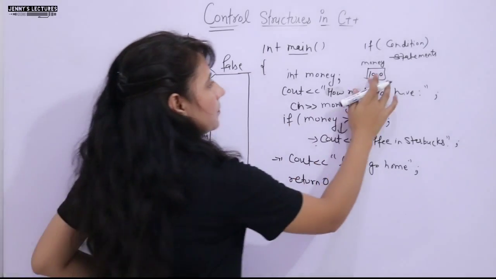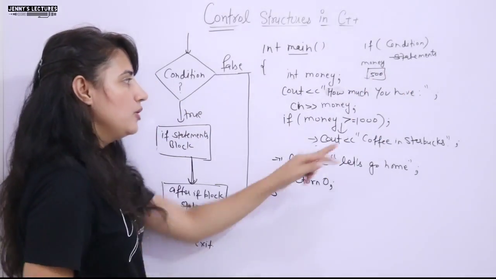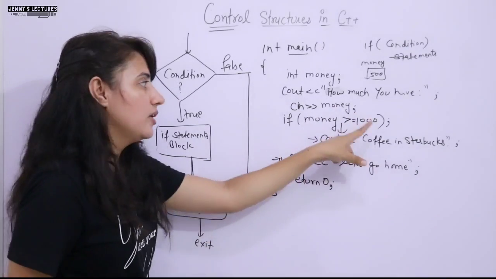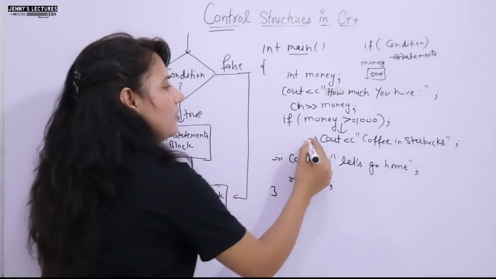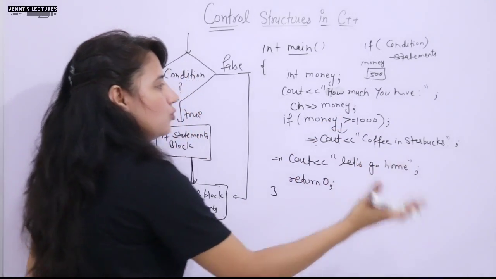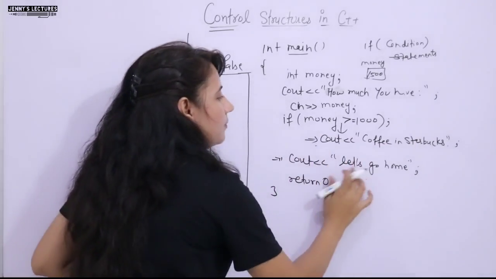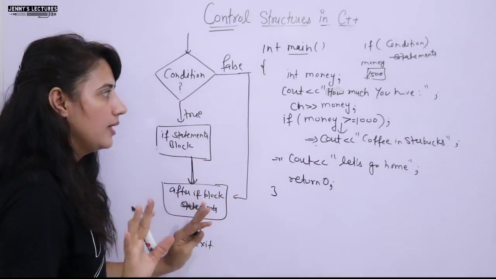So if I write I have 500 rupees, maybe you think that the condition is not true, but still because you are terminating here, there is no use of checking the condition. Still it will print coffee in Starbucks, let's go home. If I write 1500 rupees, still it will print coffee in Starbucks, let's go home. So it is just terminating this if block, right?